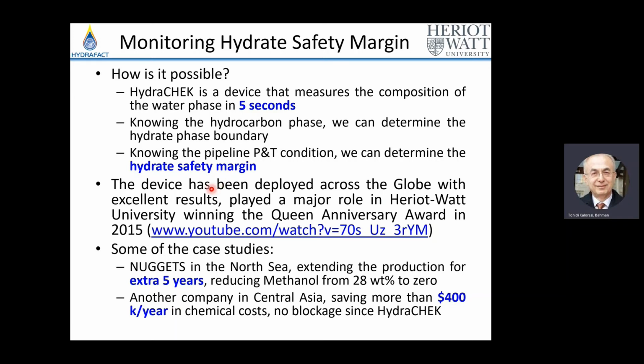This device has been implemented in many places around the world. And Heriot-Watt has won the Queen's Anniversary Award because of one major achievement: the company Tohdi was able to reduce the amount of inhibitor from 28% to 0 and extend the life of the reservoir by 5 years.